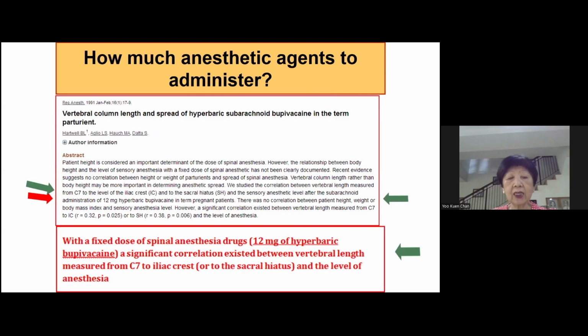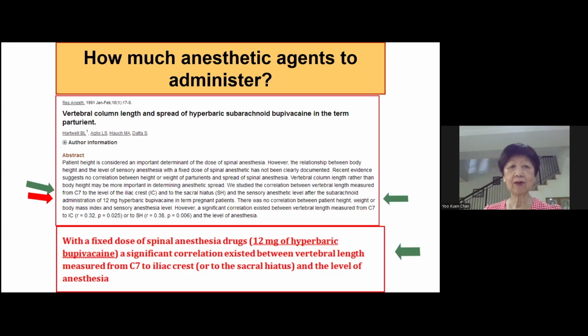Very important to also know how much drug to give to the patient. On the average, most of our patients are about 5 feet or thereabouts. 4 feet is really an exception. I'm not sure, maybe in the subcontinent of India, more of your patients are of shorter height. But this study that was done in 1991 was used to determine whether we should give more drugs when the patient is taller and less drugs when the patient is shorter.